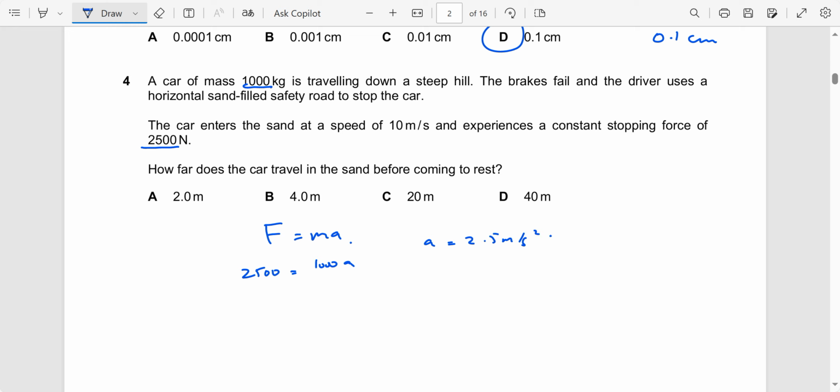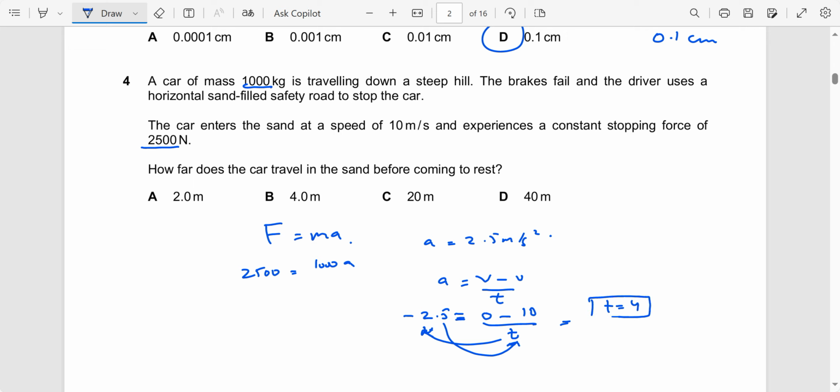Since it's a deceleration, I'm going to use a formula: a equals v minus u over t, which is the acceleration formula. Deceleration is negative acceleration. Final velocity has to be zero as it comes to rest. Its initial speed was 10, so time we need to find out. Bringing time here and 2.5 here, t is equal to 4.